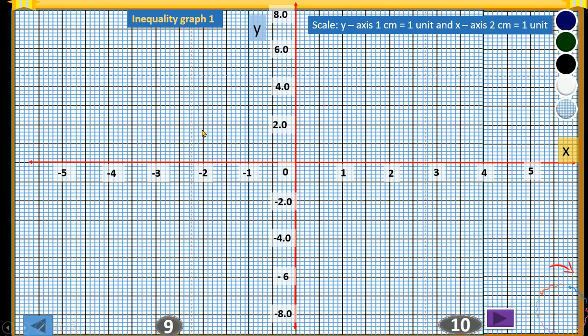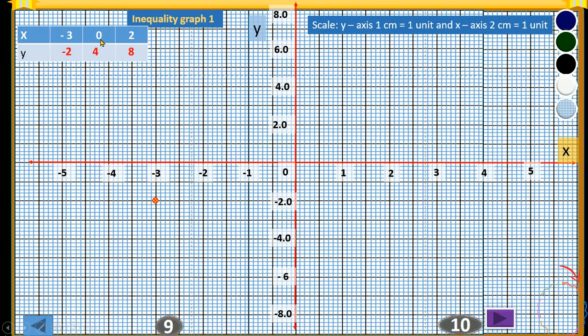So now we're going to import the table for the first inequality, but remember we're graphing the equality line. When x is equal to minus 3, y is minus 2. x is minus 3 here, y is minus 2 at this point, so we have the point there.